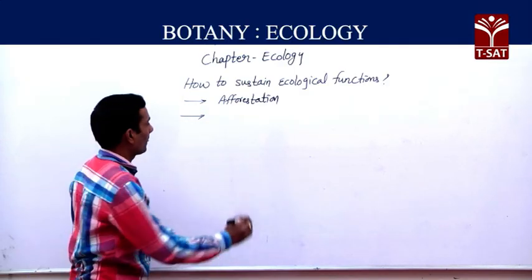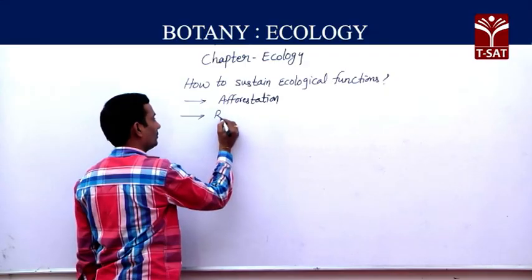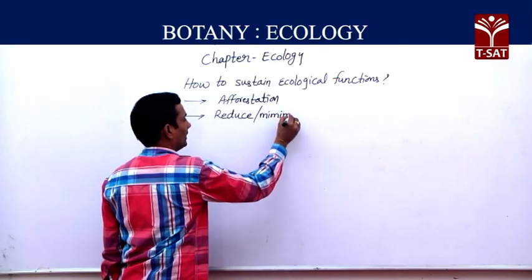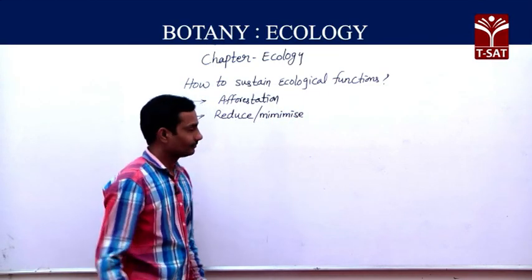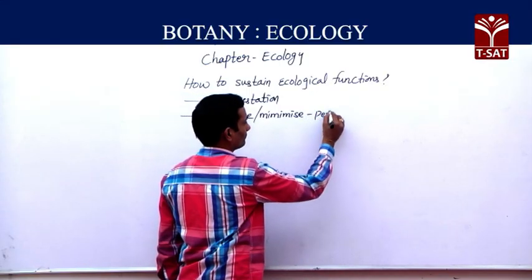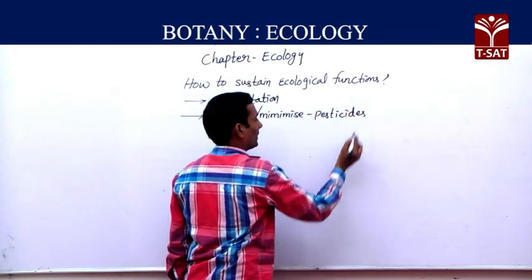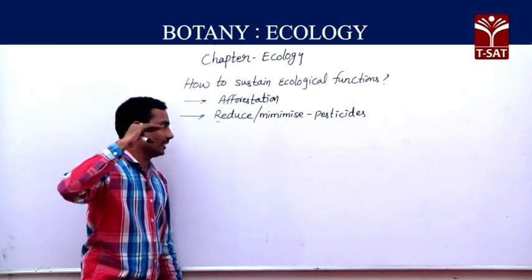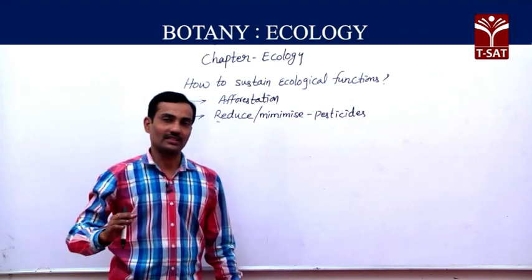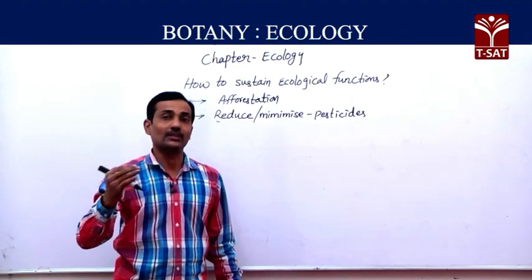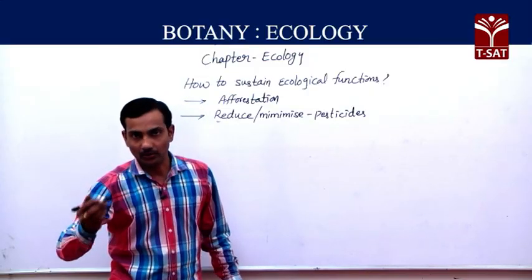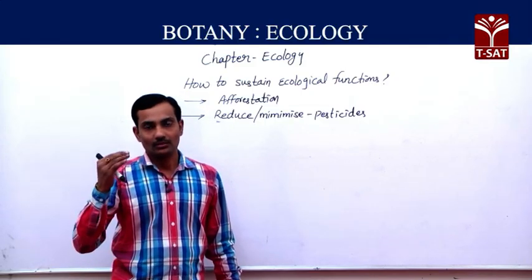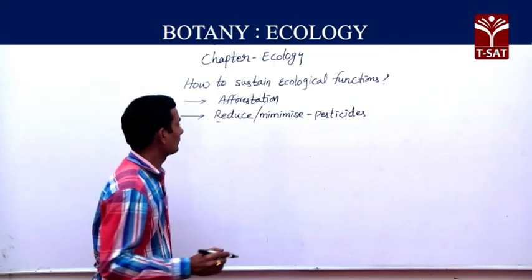We have to reduce or minimize pesticides, because if we minimize pesticides, what happens? We can preserve pollinators. If we protect pollinators, indirectly they are useful to get better agricultural yield.